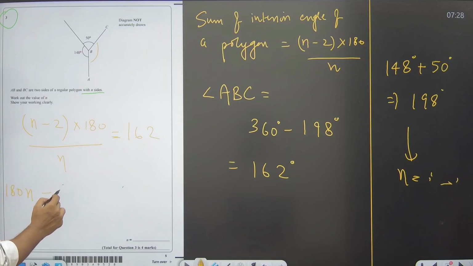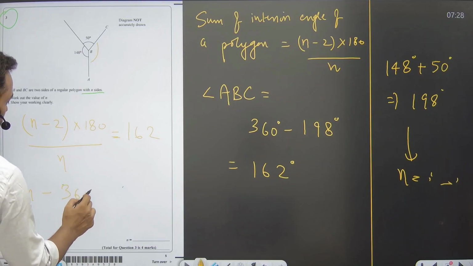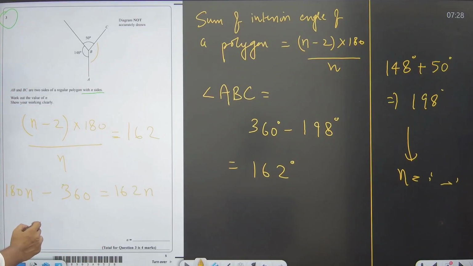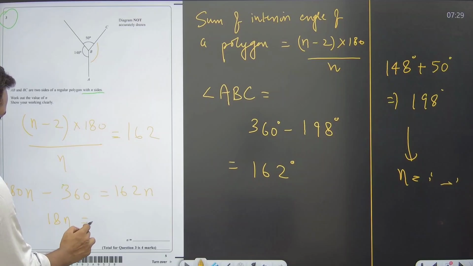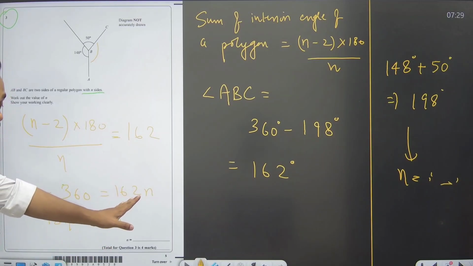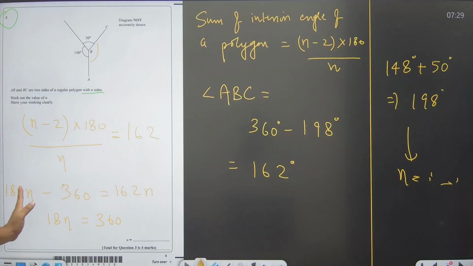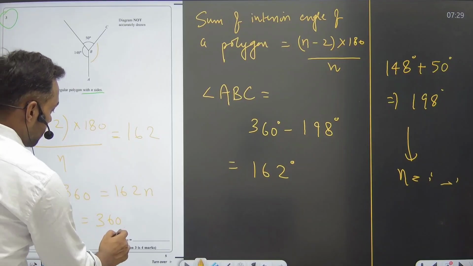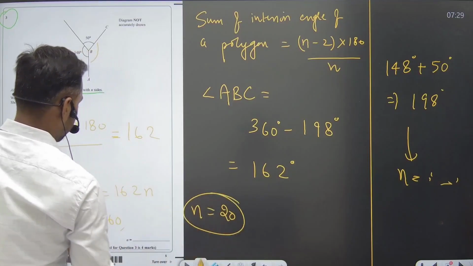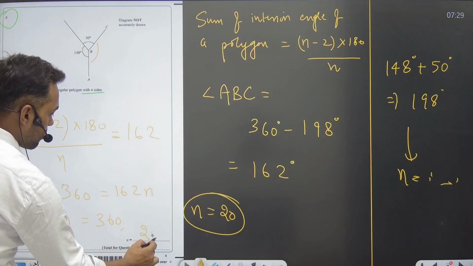By cross multiplication we'll get 162n negative of... you need to transpose 162n to the left hand side and 360 to the right hand side, then you will get the value of n equals to 20. So n will be 20 here, students.